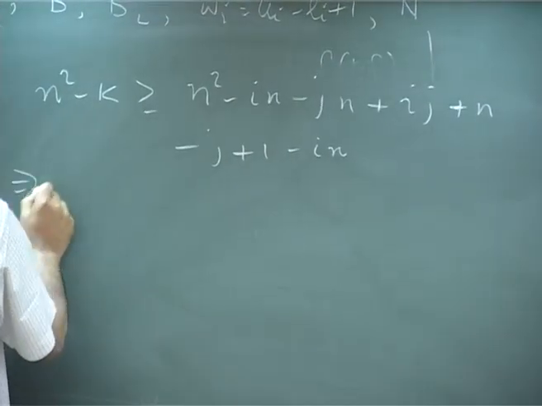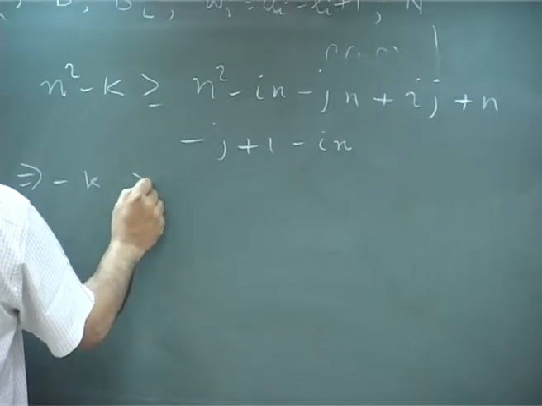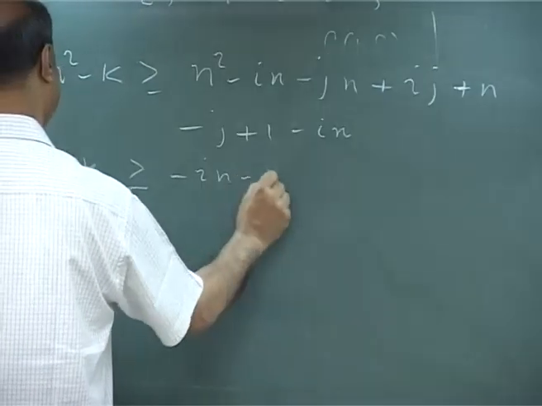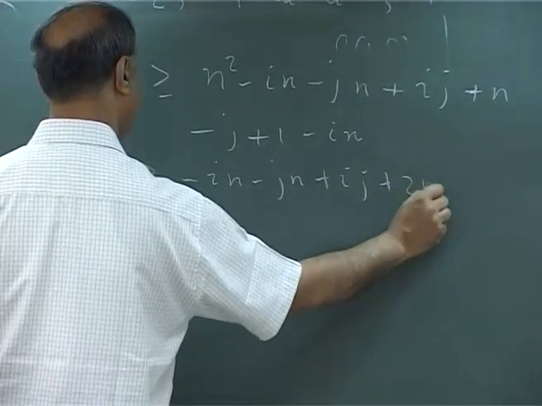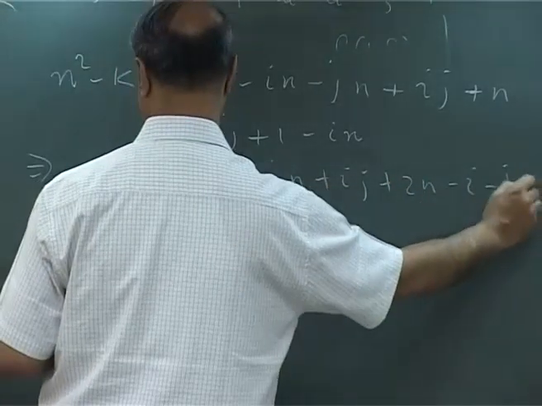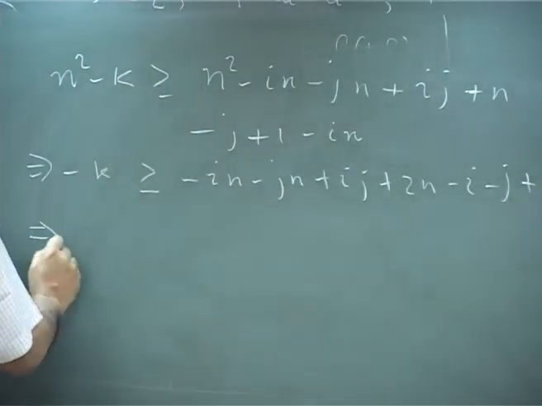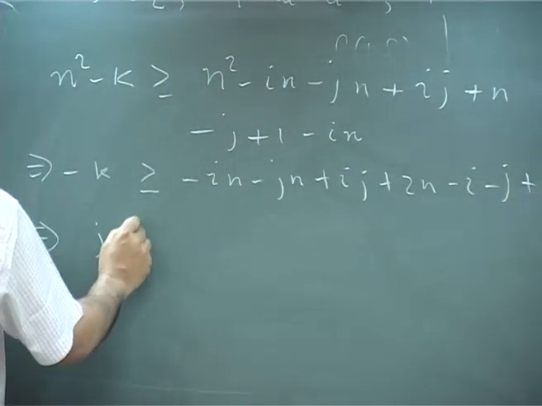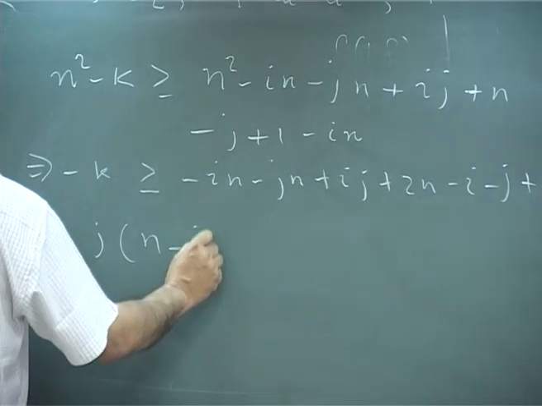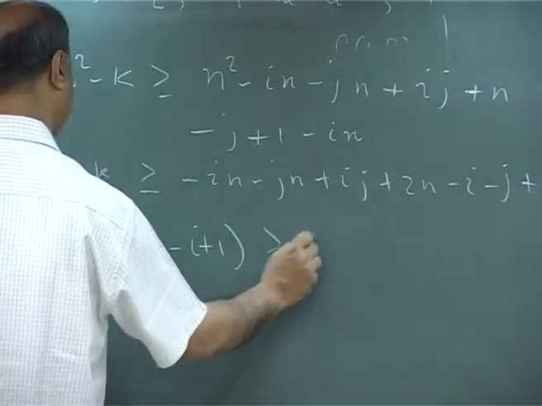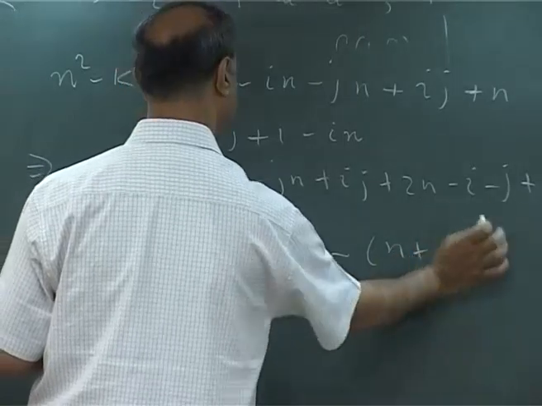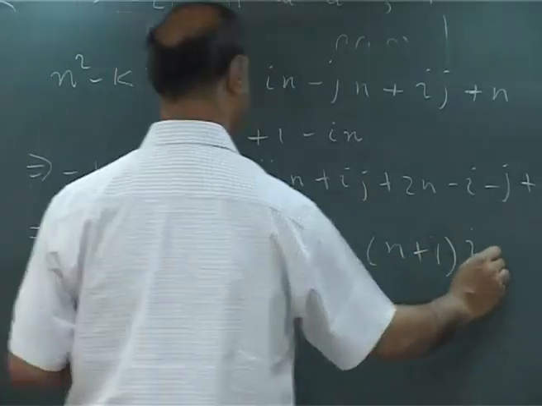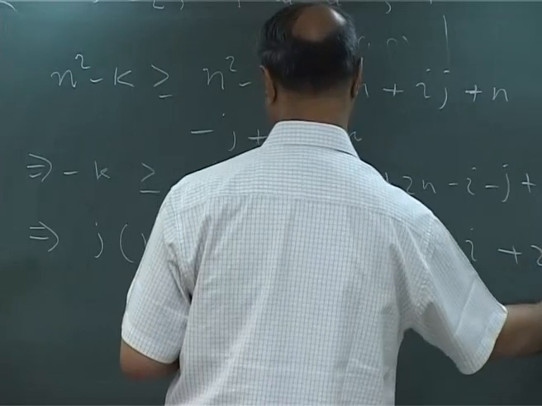This gives you minus k greater than or equal to minus in minus j plus ij plus 2n minus I minus j plus 1. This gives you j n minus I plus 1 greater than or equal to k minus n plus I plus 2n plus 1.